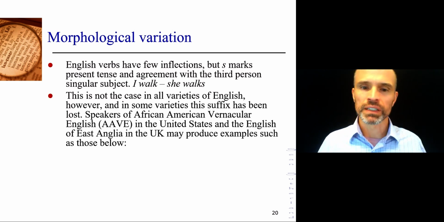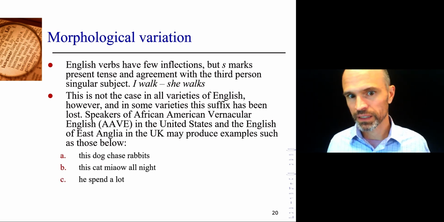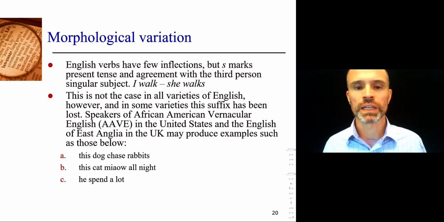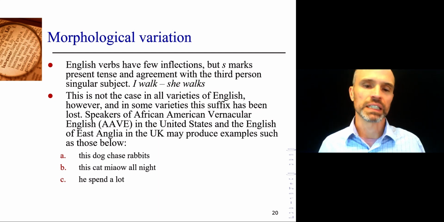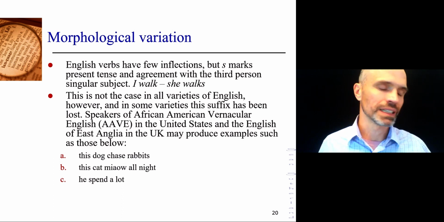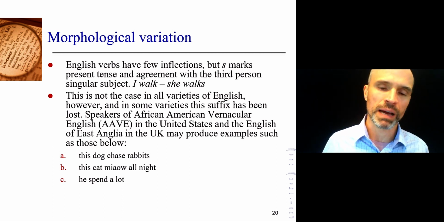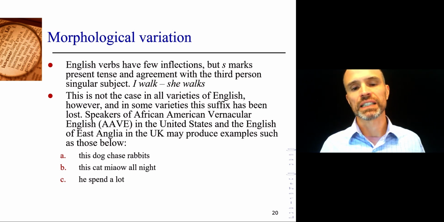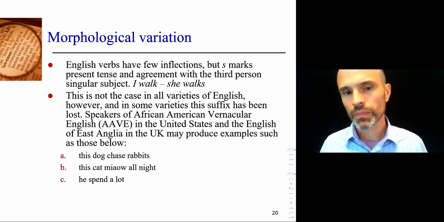There is some evidence, based on speakers of AAVE but also parts of the UK, that the morphological variant is that they don't use an S at the end of a third person singular verb, right? This dog chased rabbits or this dog chases rabbits are two possible variants for chase.